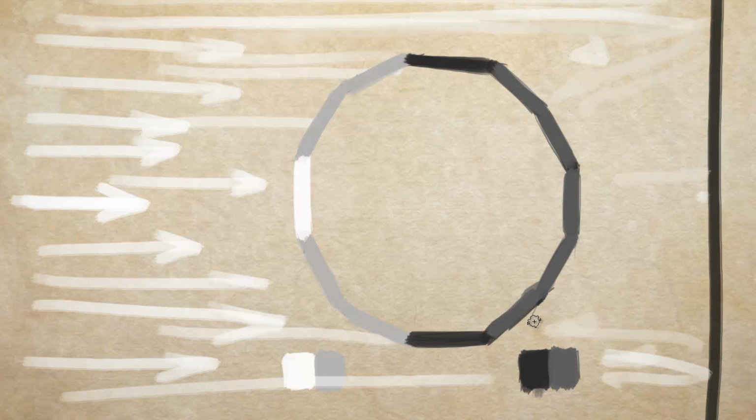But what you'll notice is that there's sort of a pattern here, and it goes like this. You get midtone, then highlight, then, again, midtone, then core shadow, and then reflected light.